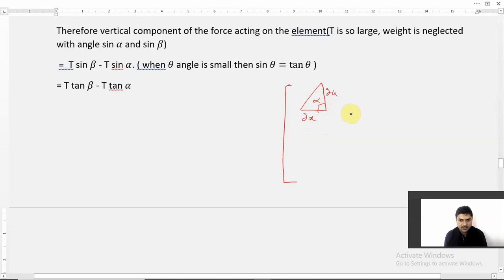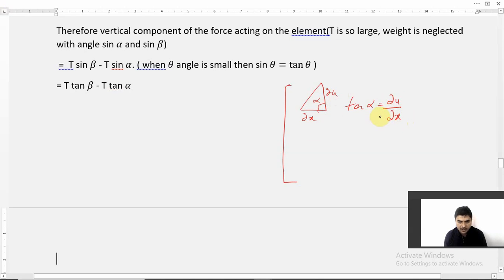Then what will be the value of tan alpha? Yes students, please remember this will be opposite upon adjacent. So you are going to get this as dou u upon dou x.